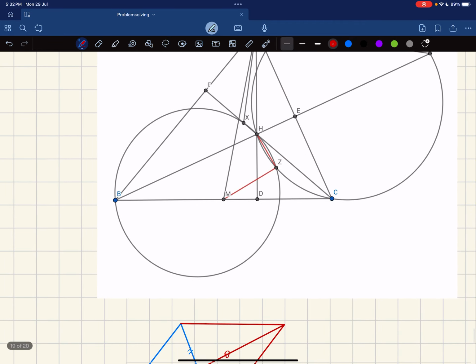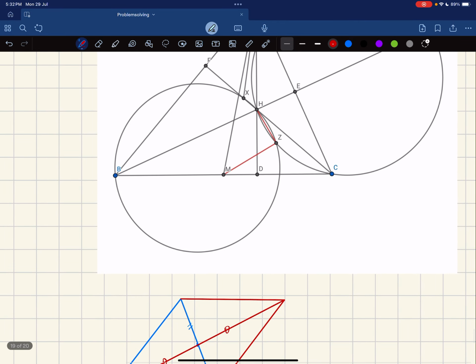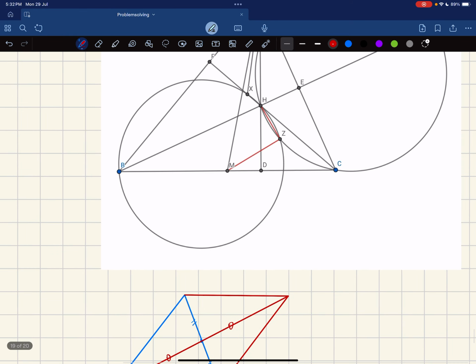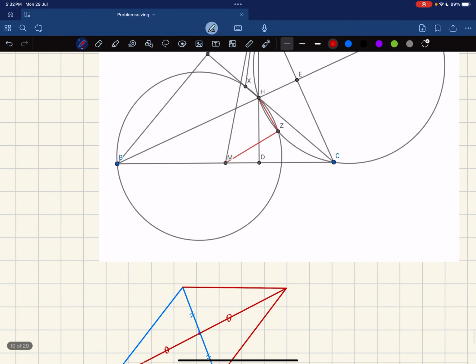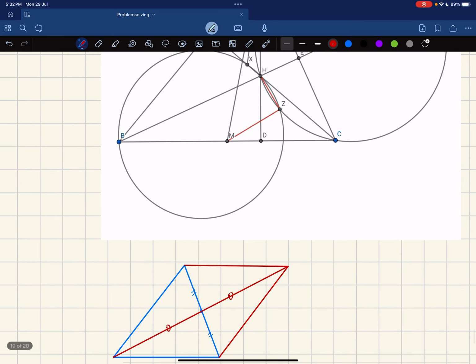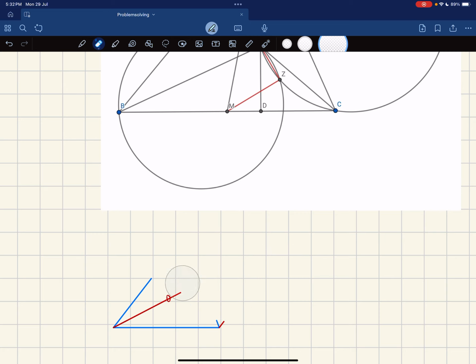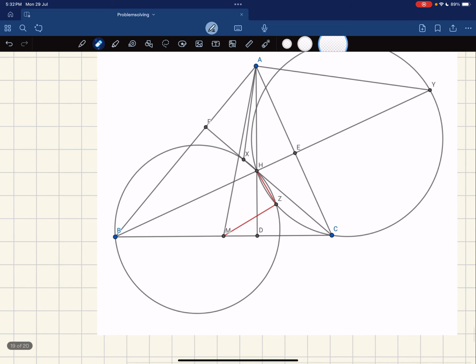Then from the parallel lines, if we can prove the other angles which equal 90 degrees, then according to the parallel lines, we can prove that the angle HZM equals 90 degrees. So let's try.